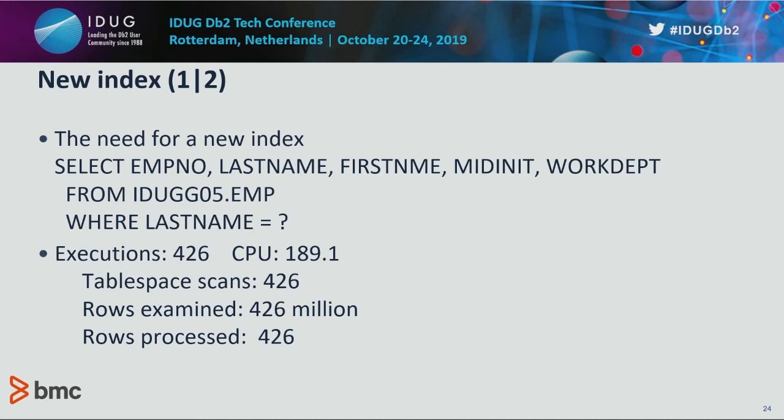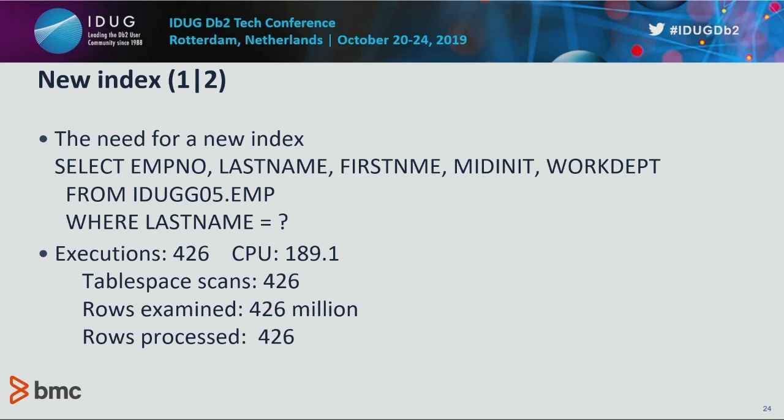A similar example for the need to add a new index. This one is also based on a predicate with employee last name. And you might conclude, if that's out there and being used heavily, that it could make sense to go ahead and add an index based on last name.